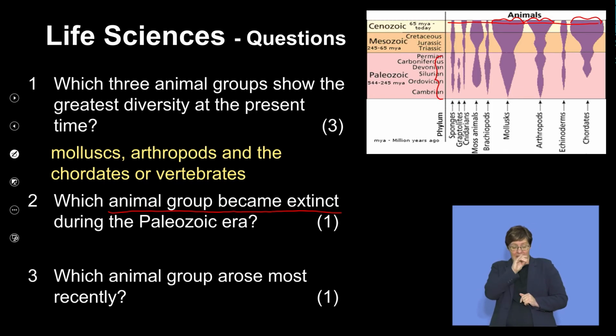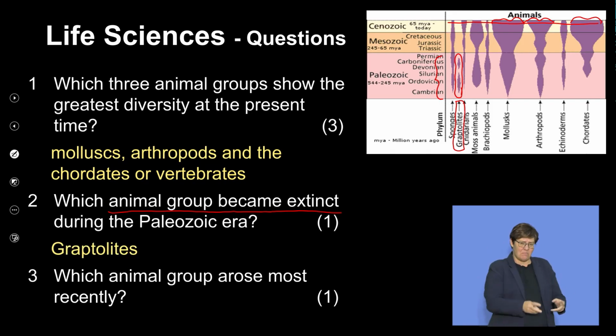If an animal group has become extinct, it means the lines will stop, and there's only one group of animals that was present during the Paleozoic period, which is not present now, and they are called graptolites. Now, you don't need to know anything about them.